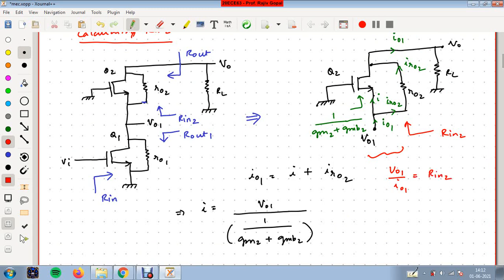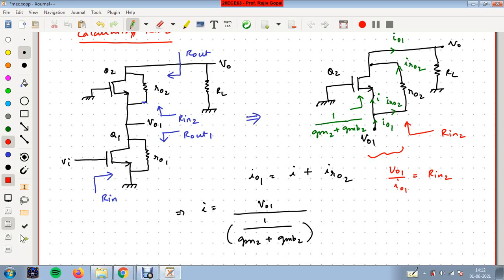This is the same thing we have done earlier. We put some voltage Vx and the current flowing through it as Ix, so Vx by Ix gives some resistance. Same thing here: instead of Vx we have V01, and instead of Ix we have I01.